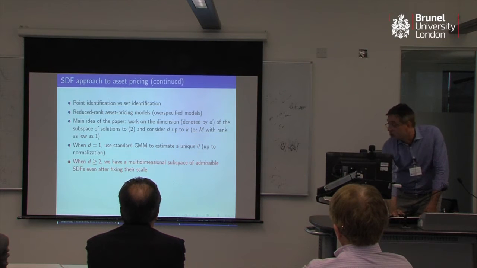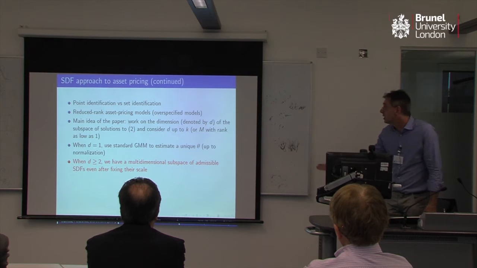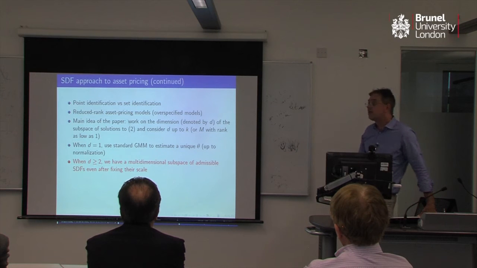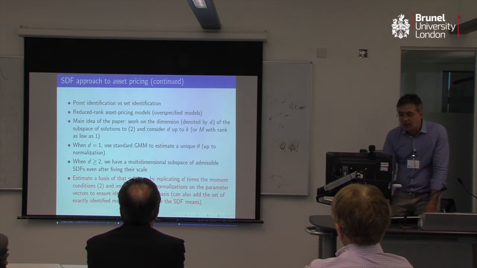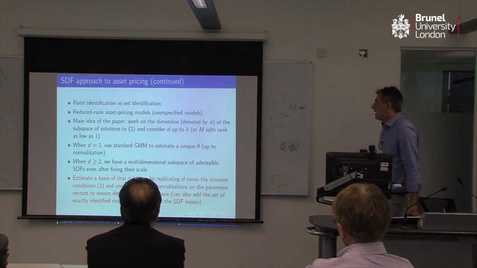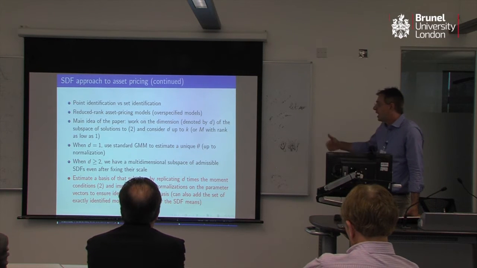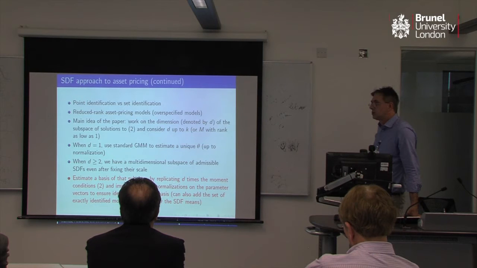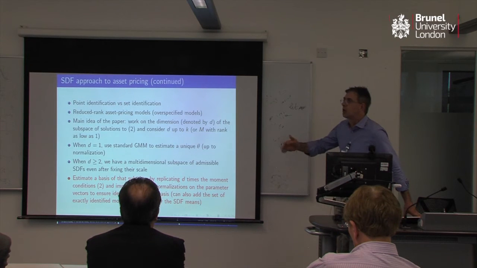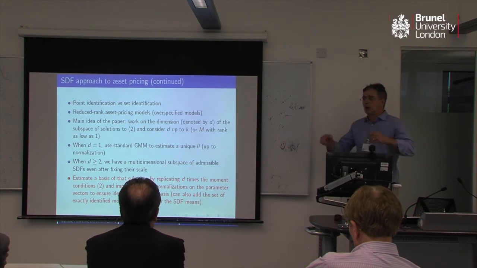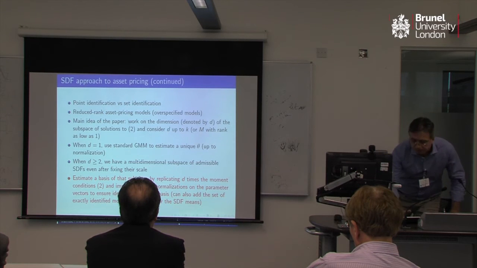When D is greater or equal than 2, we have a multidimensional subspace of admissible SDFs even after fixing the scale. And we have to estimate the basis of that subspace by replicating D times the moment conditions, right, the asset pricing restrictions, and imposing enough normalization on the parameter vector to ensure identification of a basis. Okay? And then Enrique also showed how to add a set of equations for the mean.